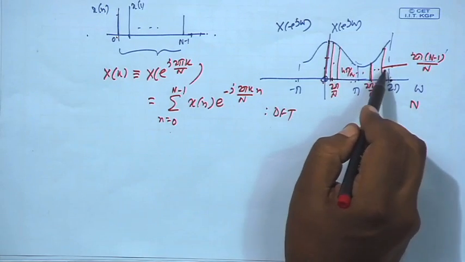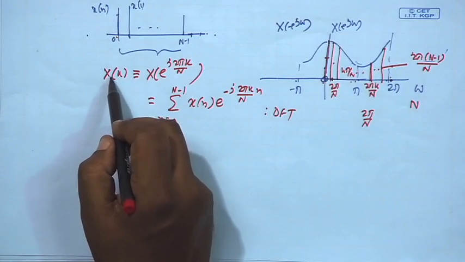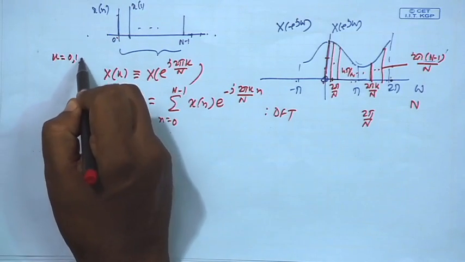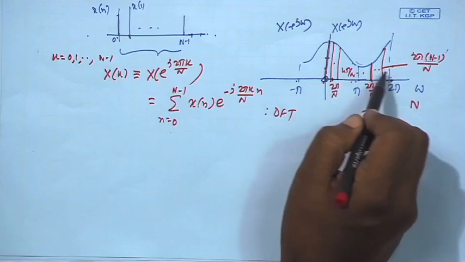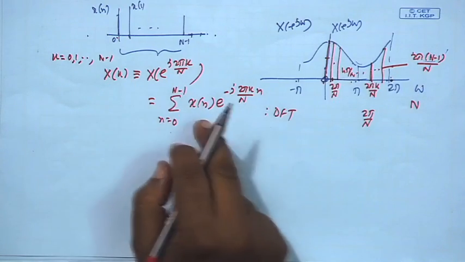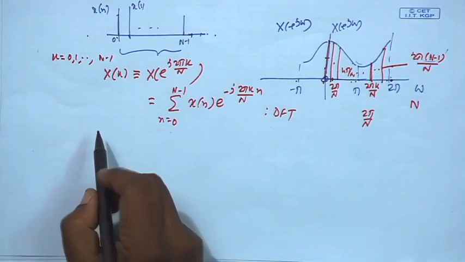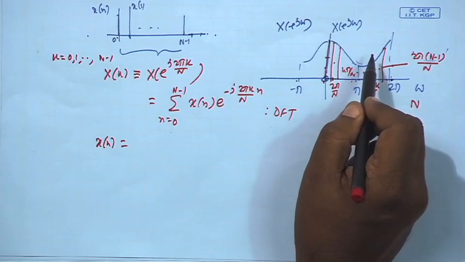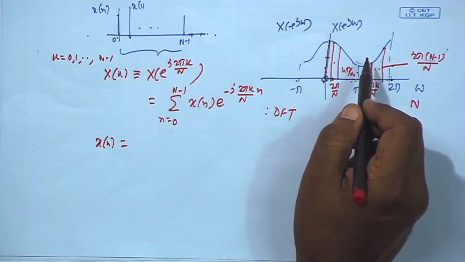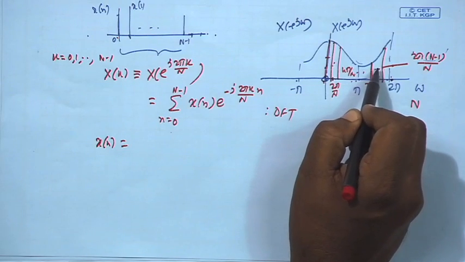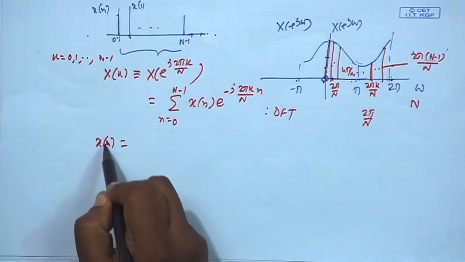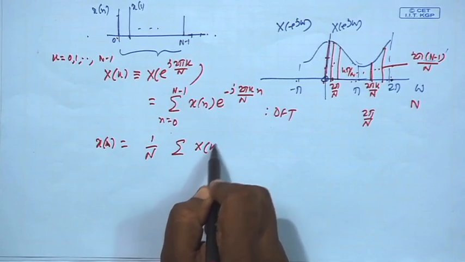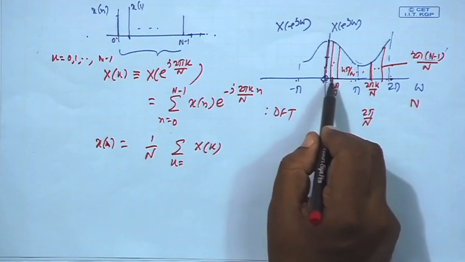Then using these samples, that is the samples X[k], and k can be 0, 1 up to N minus 1, using these samples you can get back your x[n]. That is, you do not need the entire envelope and then compute the inverse DTFT. You can take these samples only, how many, capital N of them, and get back your x[n] by this formula, that X[k], you sum over k, k equal to 0, k equal to 1, like that.